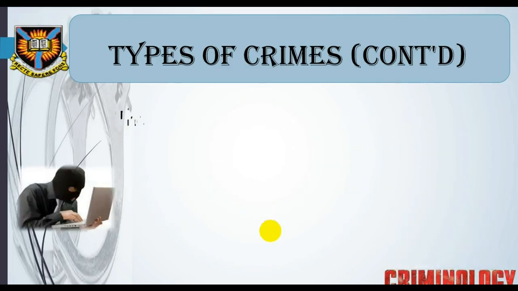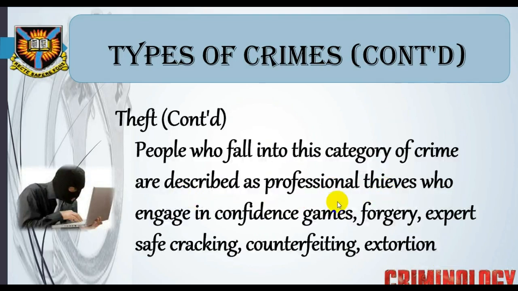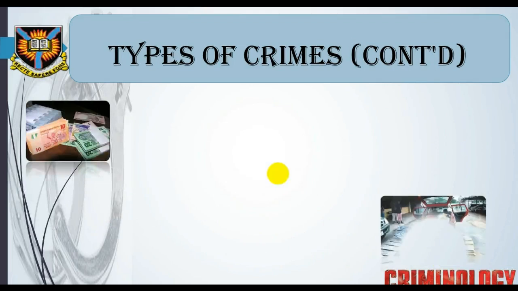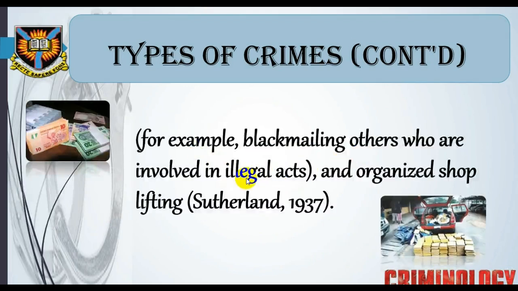People who fall under this category of crime are described as professional thieves who engage in confidence games, forgery, expert safe cracking, counterfeiting, extortion, for example, blackmailing others who are involved in illegal acts, and organized shoplifting.